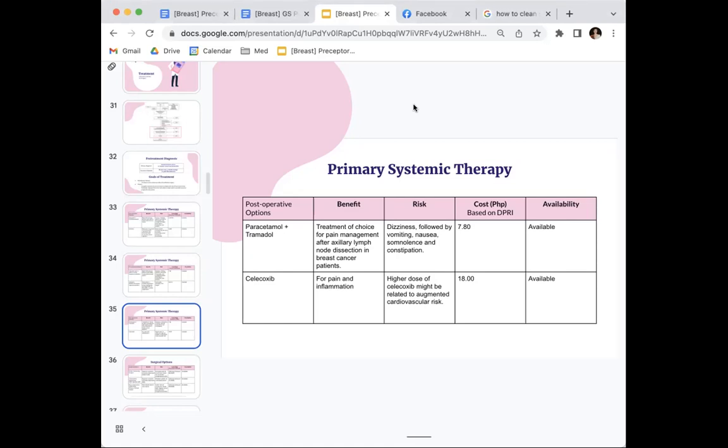Okay. So if the pain is just less because when you do a mastectomy, after you establish the flap or do the mastectomy, you cut a lot of nerves there. Usually numb na yan no? Okay, hindi na siya masyadong masakit, no? So you can use either paracetamol or mefenamic acid for the pain control kasi pwede na yun, kaya naman yun, no?